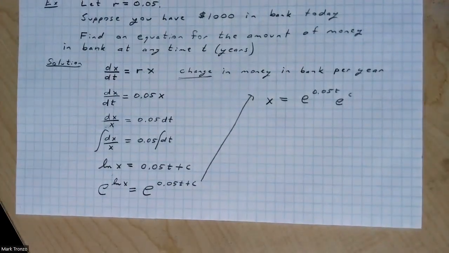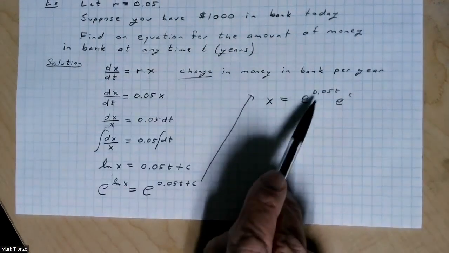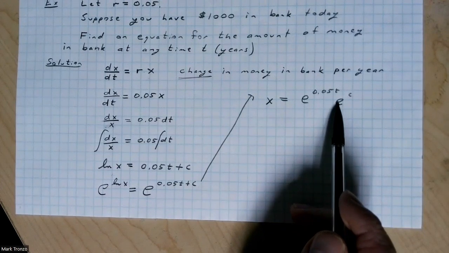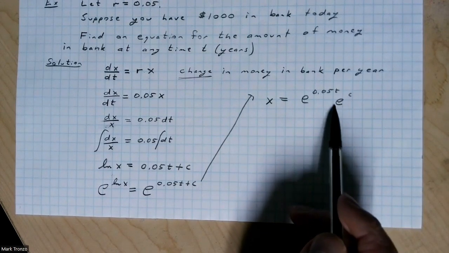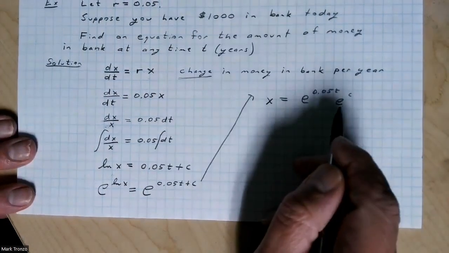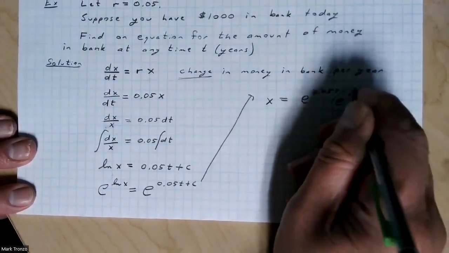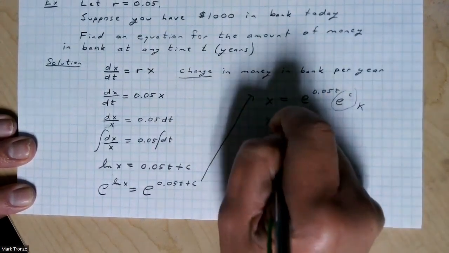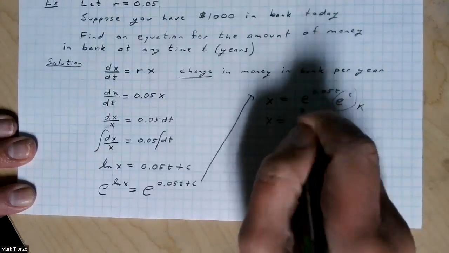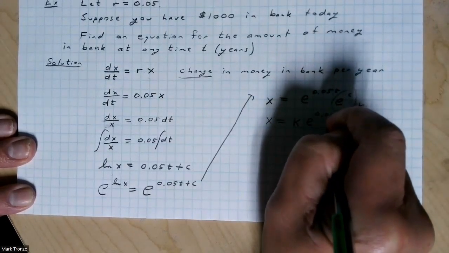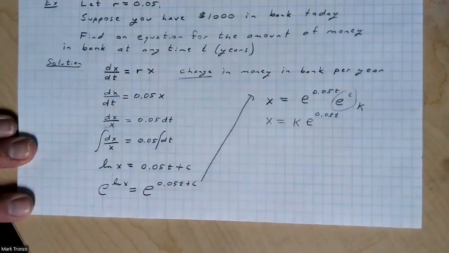That can be rewritten as e to the 0.05t times e to the c. And remember, this is a constant, because e is a constant and c is a constant. So we could just call this k. Let's call this k, and I'm going to put it out in front.